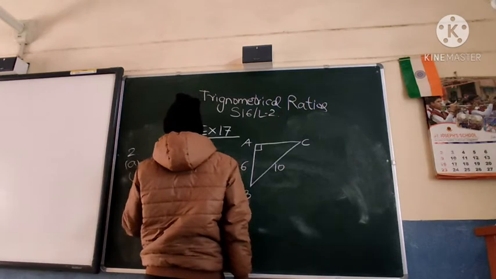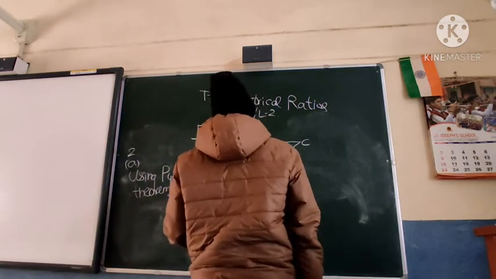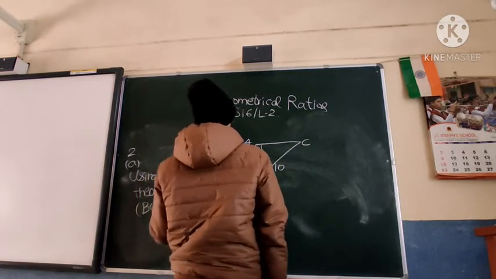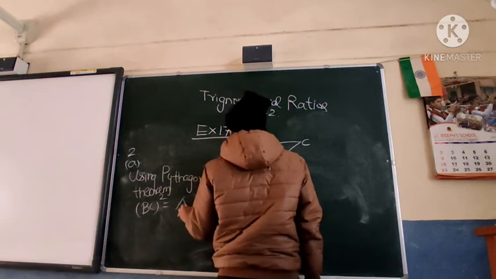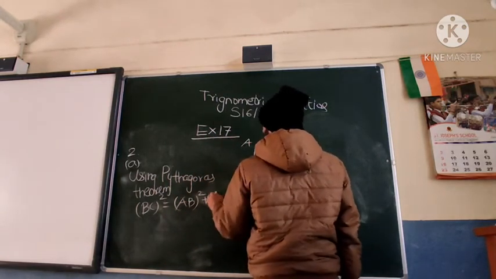Using Pythagoras theorem, BC square is equal to AB square plus AC square.